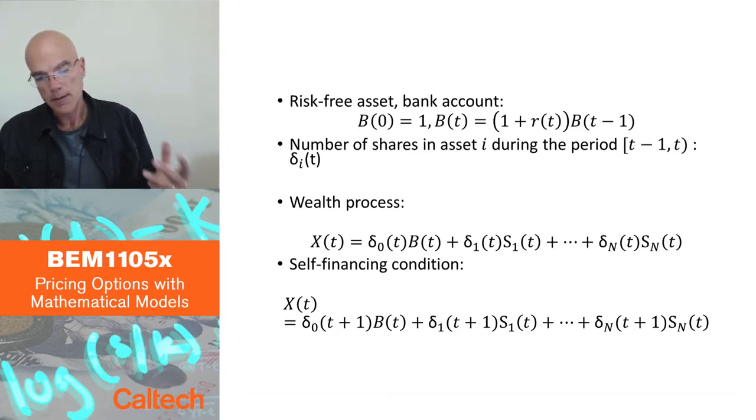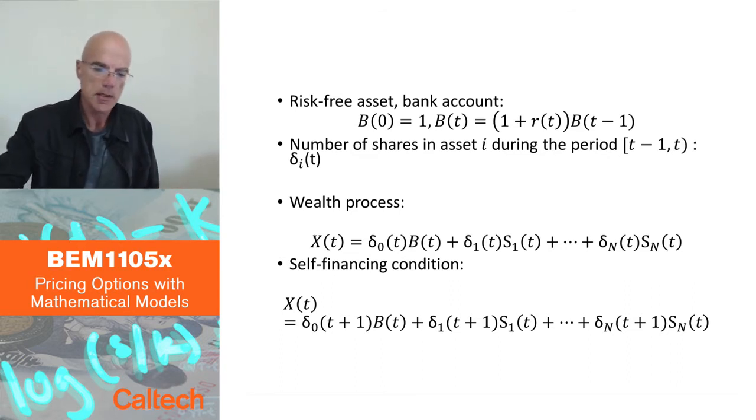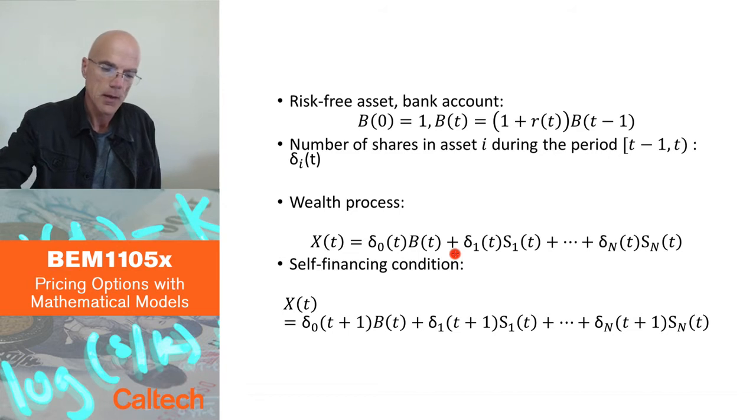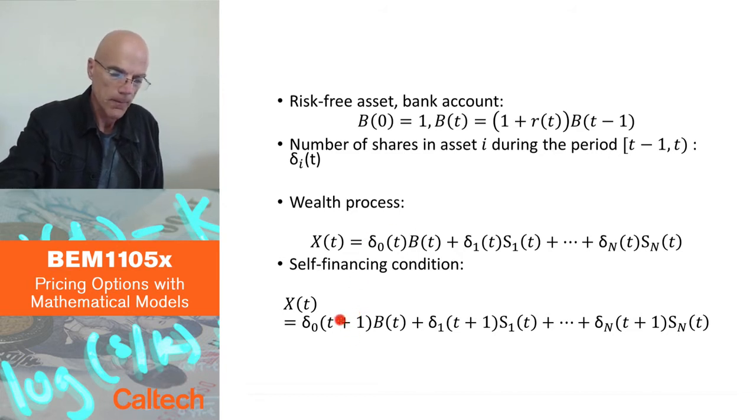Now there is a self-financing condition for each period. It says there is no extra money coming in and out in any of the periods. The way to write that is that X of t is also equal to the same thing when I change the number of shares to t plus 1.